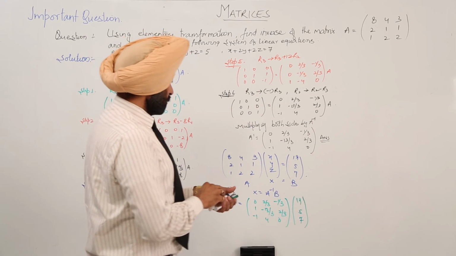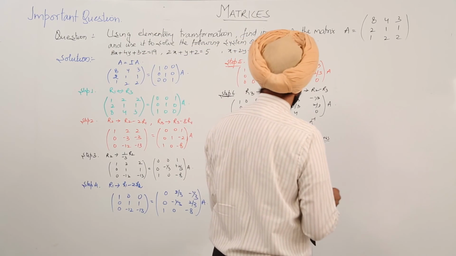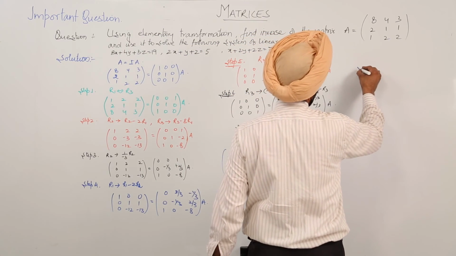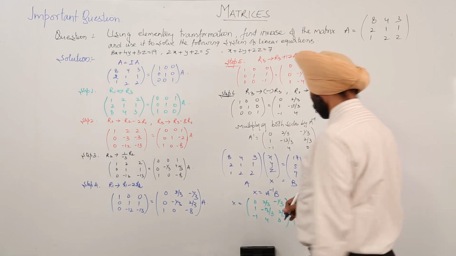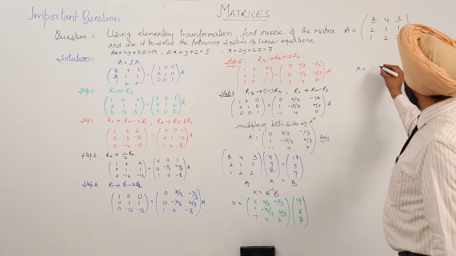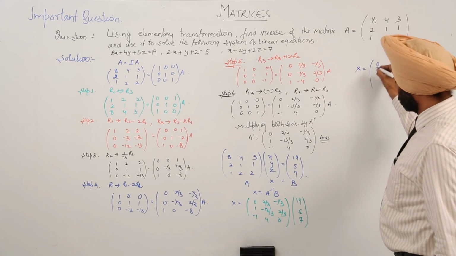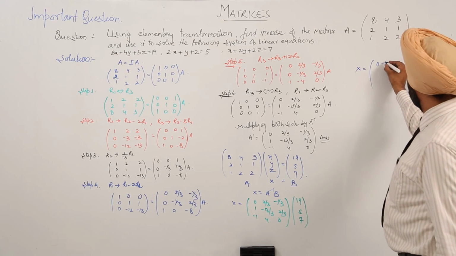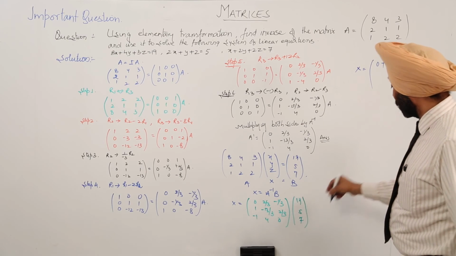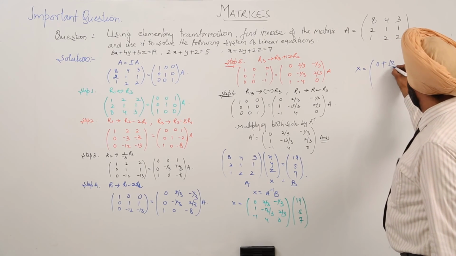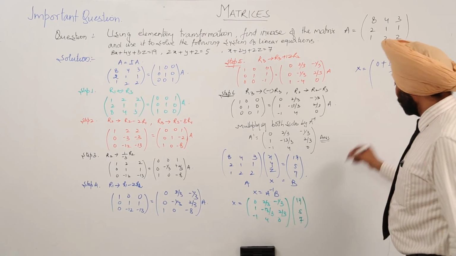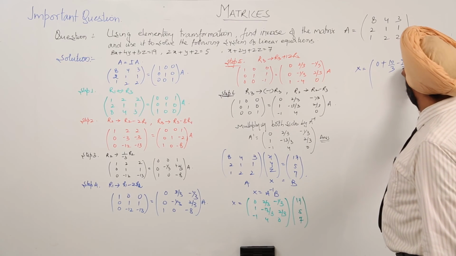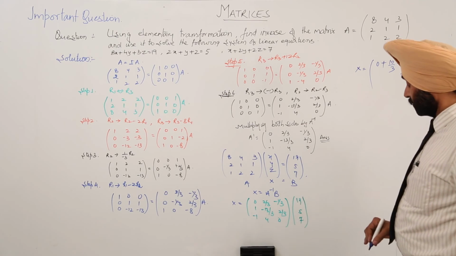Now for the final stage, x is equal to, now 0 with 19, 0 plus 2 by 3 with 5, plus 10 by 3 minus 7 by 3.